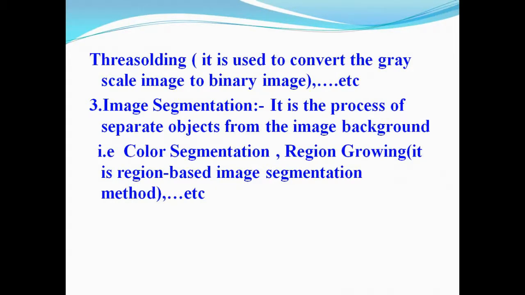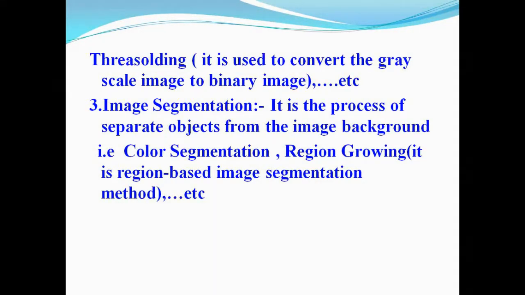The objects can be colors, regions, text, or information, which get separated from the background. That is color segmentation. Region growing is a region based image segmentation method.